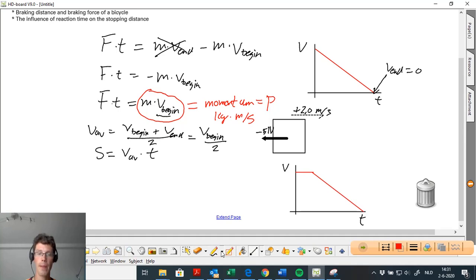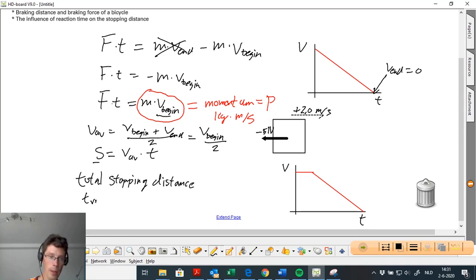So when you need to calculate not the braking distance but the total stopping distance, you also need to take into account that little bit. So you need to know the reaction time, which is in the order of milliseconds. For me it was about 200 milliseconds.